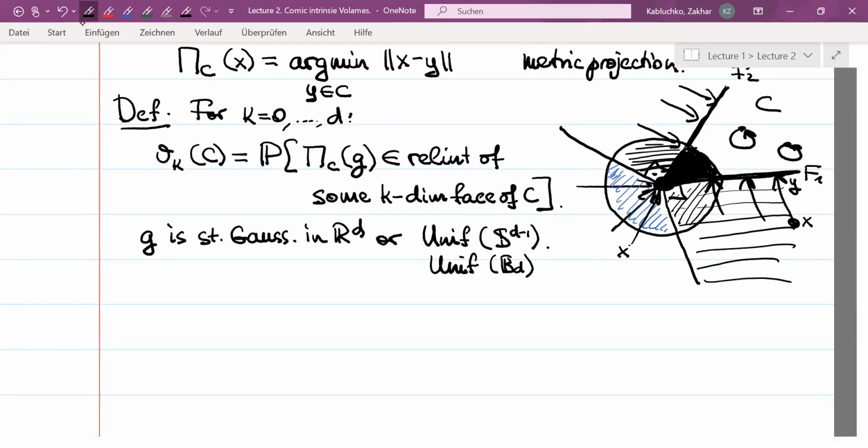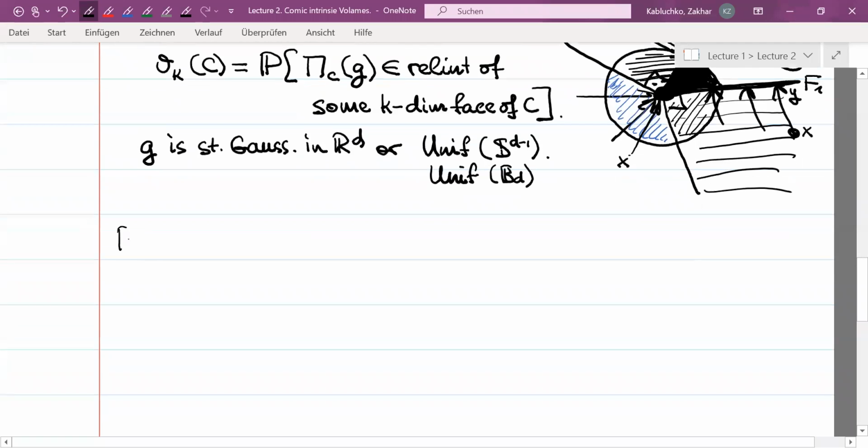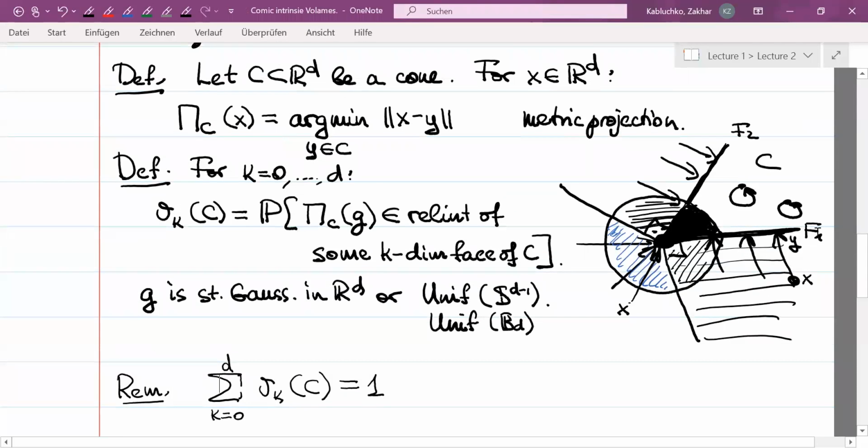Now, from this definition, it is immediately clear, and this is an important fact, that the sum of all conic intrinsic volumes, from 0 to d, is equal to 1, because any point is projected to a relative interior of a face of some dimension.